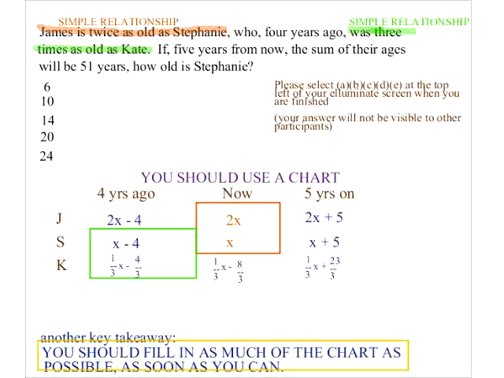5 years from now, the sum of their ages will be 51 years. So you add these up, and you make 51 years. So 2x plus 5 plus x plus 5 plus 1/3 x plus 23/3 equals 51.